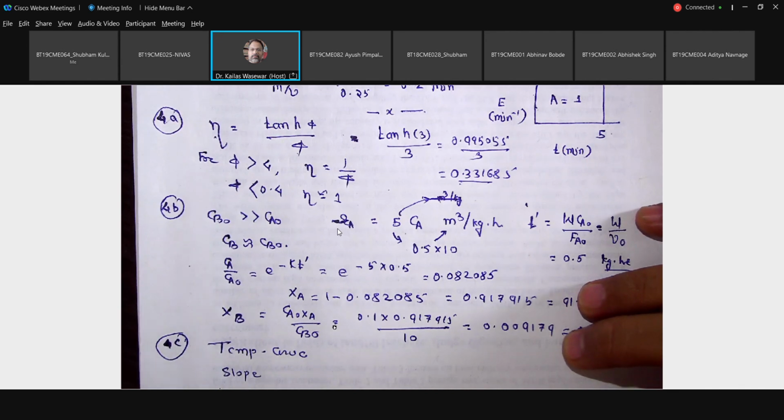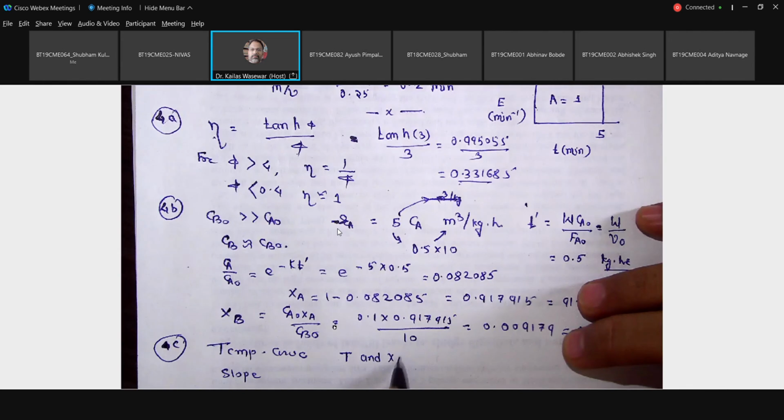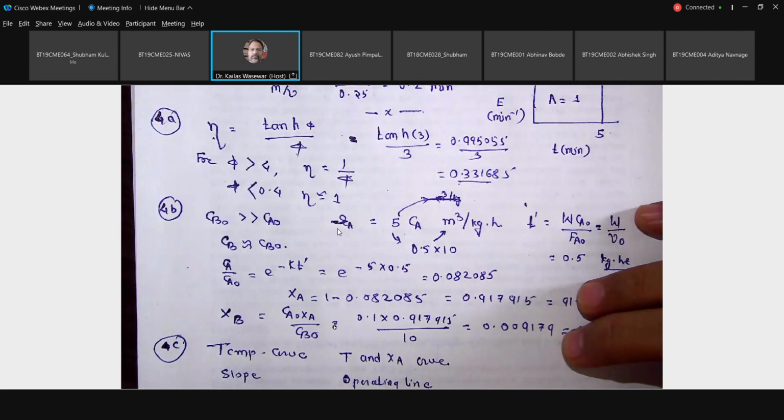Whether there will be a single adiabatic, then no problem. Then the operating temperature also is important. You have to write it that way. Then various values of T and XA from that curve. Then plot the operating line on that. Then get the XA and RA values. Then 1 upon RA against XA. Then think about whether recycling or a direct straightforward MFR or plug flow is needed.